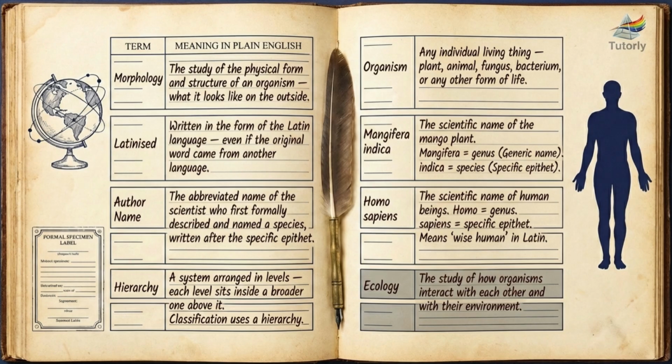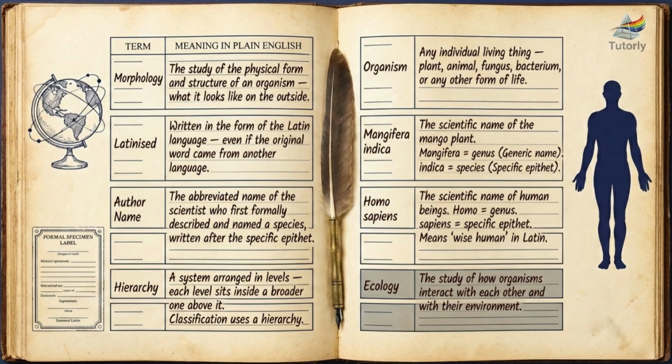The abbreviated name of the scientist who first formally described and named a species, written after the specific epithet. Hierarchy. A system arranged in levels. Each level sits inside a broader one above it. Classification uses a hierarchy. Organism. Any individual living thing. Plant, animal, fungus, bacterium, or any other form of life.